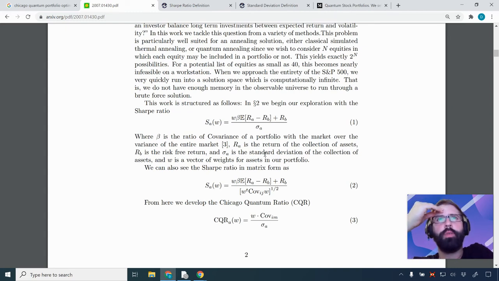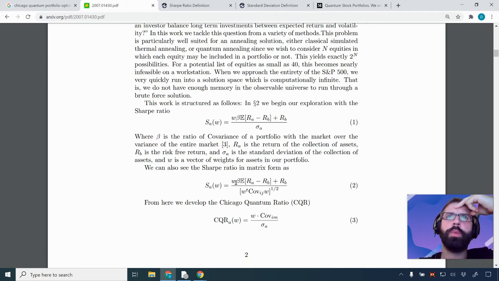Beta is the ratio of covariance of a portfolio with a market over the variance of the entire market. W is a vector of weights for assets in our portfolio.